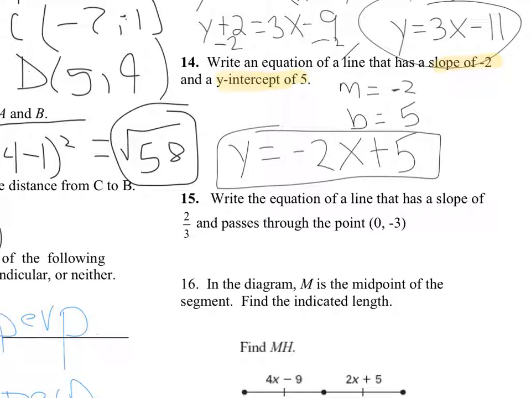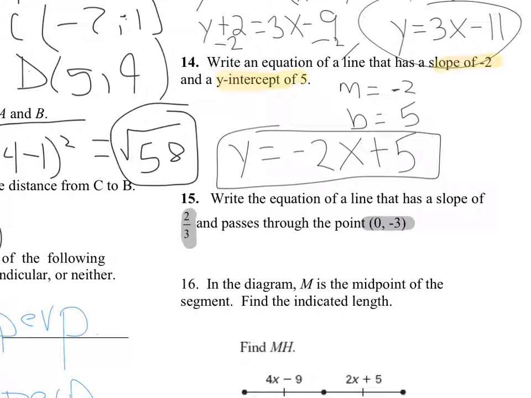Write an equation of a line that has a slope of 2/3, so 2/3, and passes through the point 0, negative 3. Now, if you do not recognize that 0, negative 3 is the y-intercept, you can put it into point slope form, go through the process, and you'll still get the same answer.